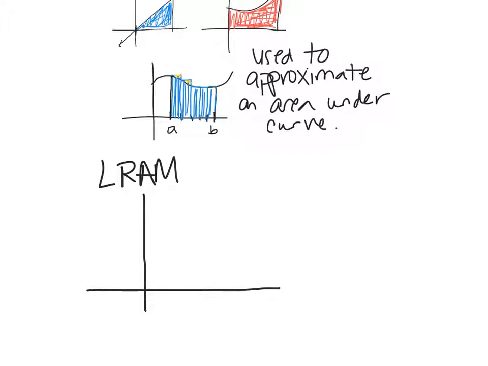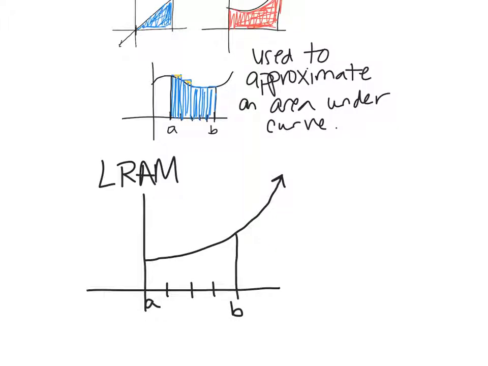Let's say that we're approximating the area under this curve here. Maybe it's some kind of an exponential curve, or maybe it's half of a parabola, whatever. Let's say this is A to B, and then they tell us how many intervals to break this up into. We'll break it up into 4 different rectangles.